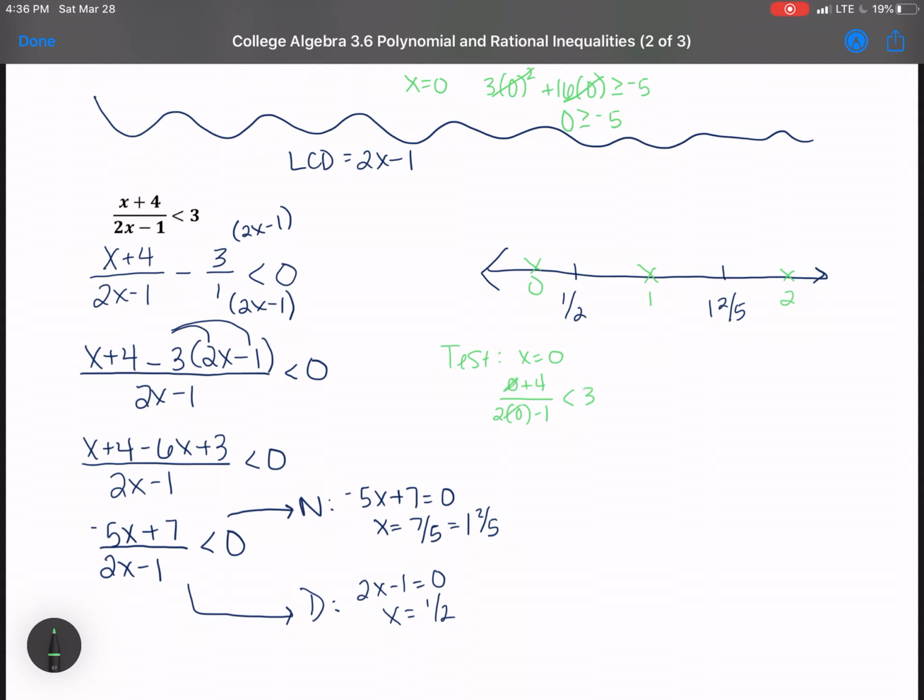So these are going to cancel, so negative 4 is less than 3, which is true. If I can spell true, it's helpful. Okay, x equals 1. We have 1 plus 4 over 2 times 1 minus 1, which is less than 3. 1 plus 4 is 5, and 2 times 1 is 2, minus 1 is 1. So 5 is less than 3, which is false.